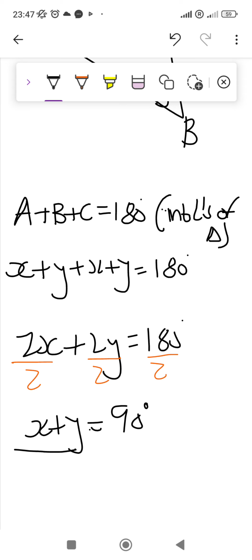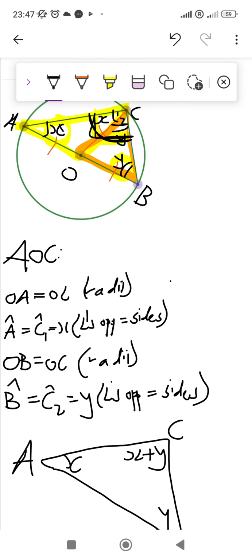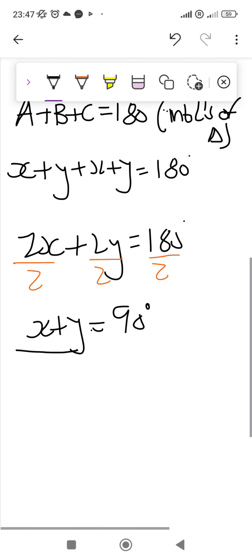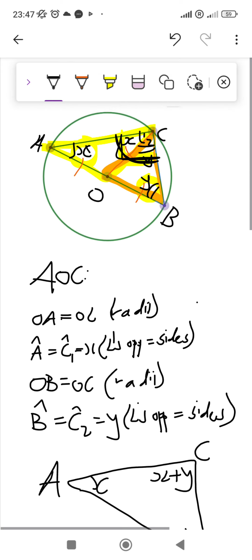So what is X plus Y? From our picture over there, X plus Y is our angle C. So we can say, therefore, angle C is equal to 90 degrees. Right? That is theorem 3.